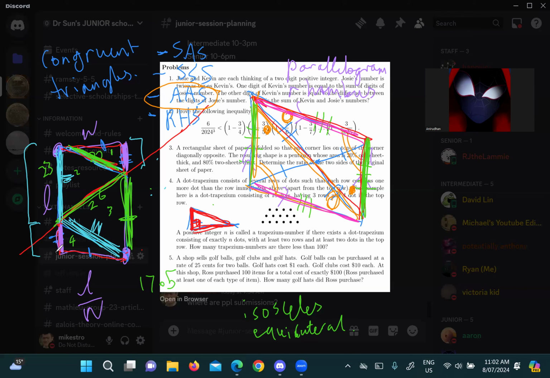You've got to be a bit careful here, because the area of these two triangles is just length times width, right? And that's 20% of the area of the pentagon, right?